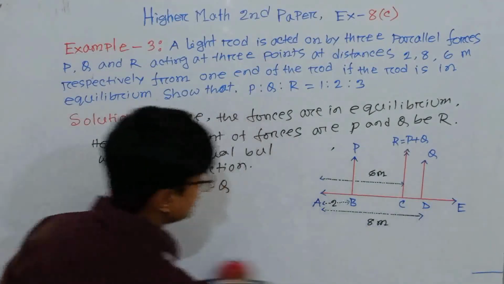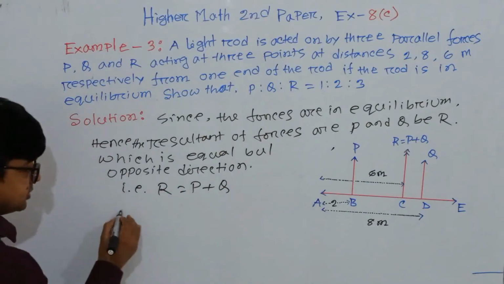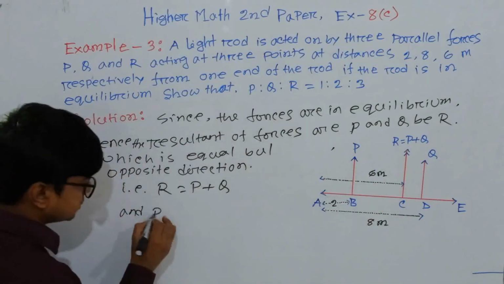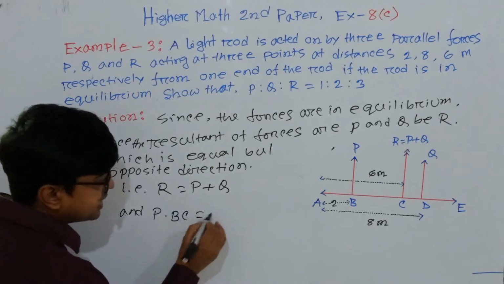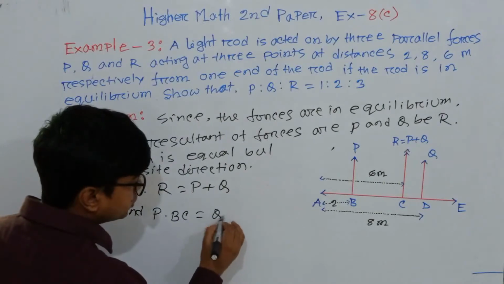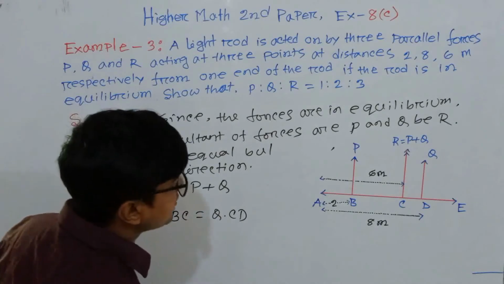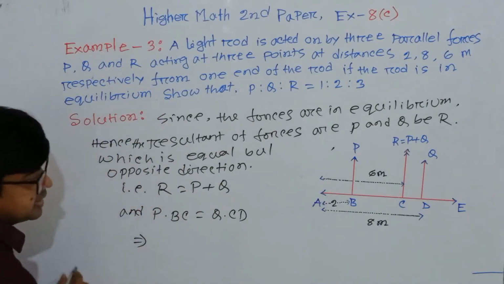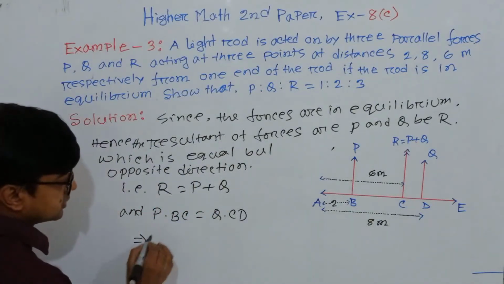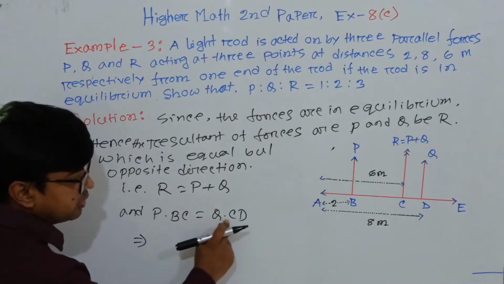Now after this line, R equals P plus Q, and look at this, P into BC equals Q into CD.